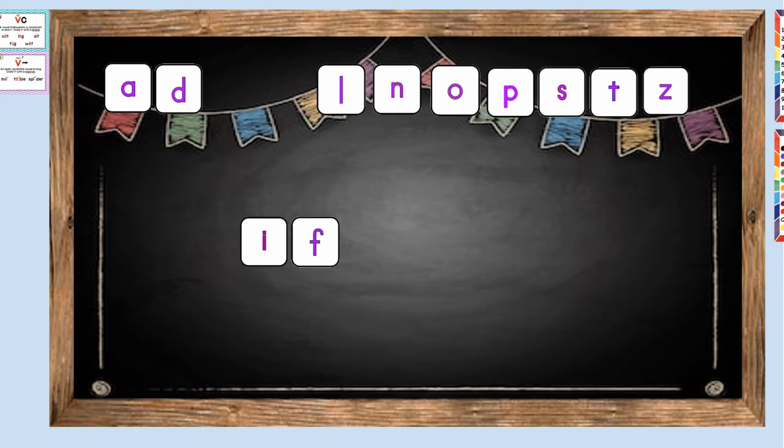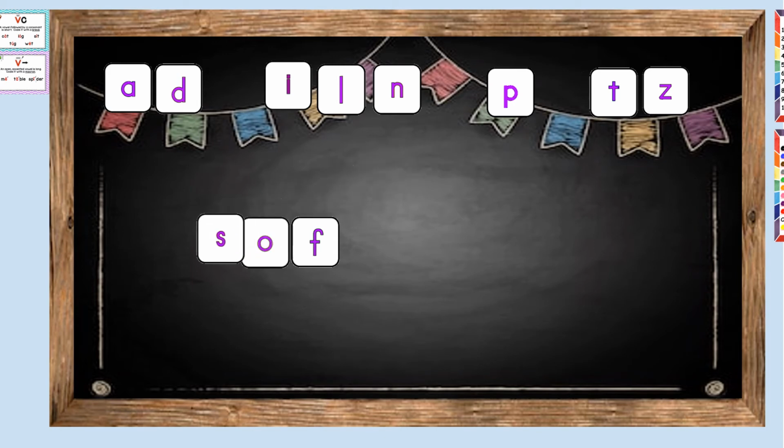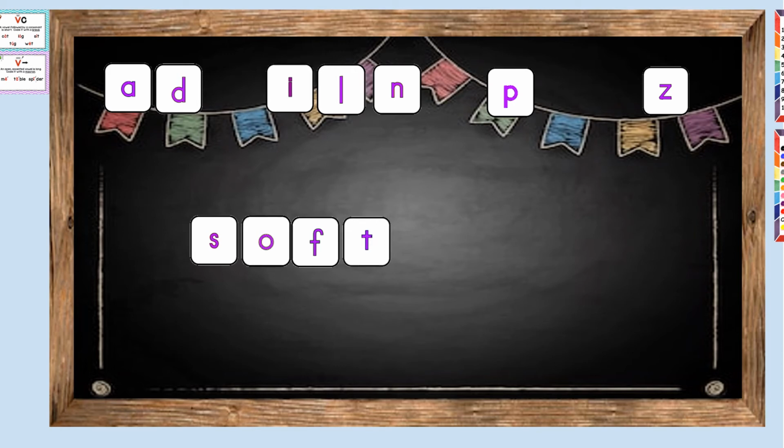Let's make another word. Let's switch out some letters again. Make sure your letters look just like my letters. We need S, O, F, T. Let's sound out this word slowly at first.